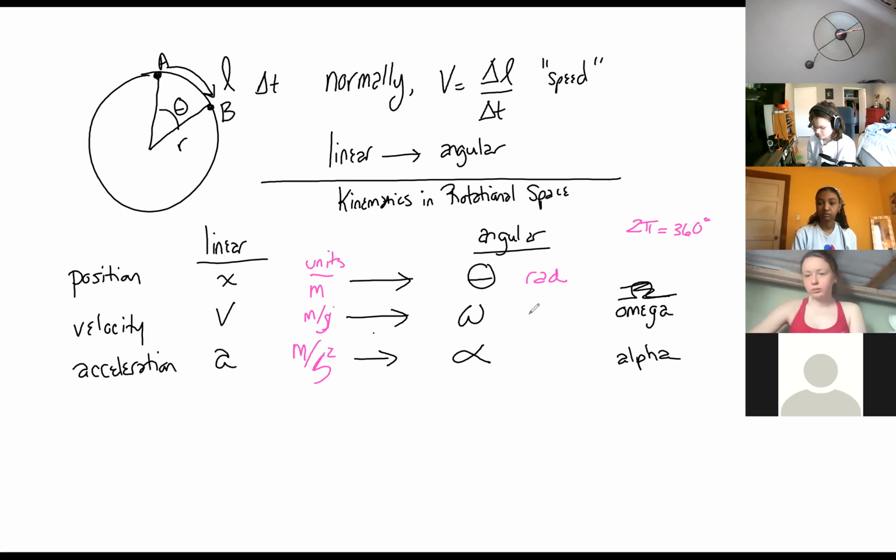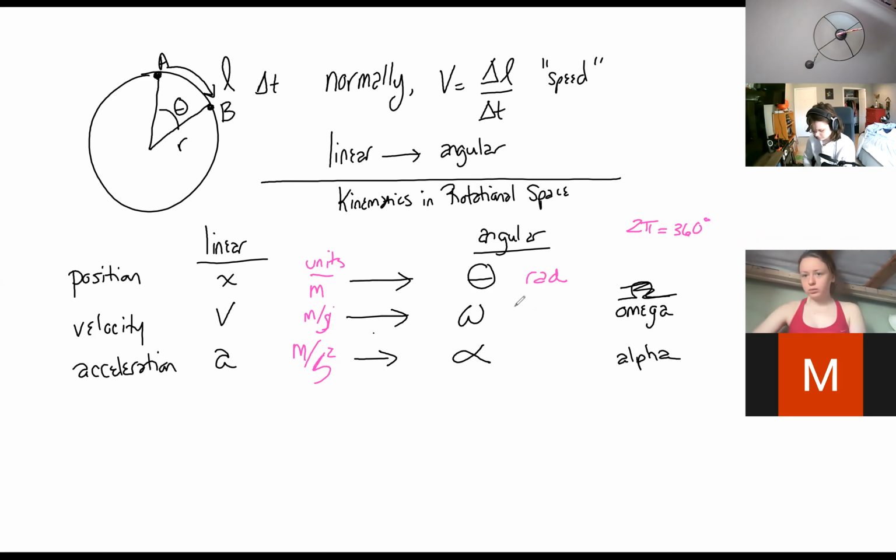For omega then, angular velocity, can anybody imagine what those units might be? If the position variable is radians. Radians per second squared. That's for angular acceleration. Oh, shoot. I mean, radians per second. Perfect. Yep, radians per second. And then this is radians per second squared. Great. Okay, so that establishes our kinematic definitions.